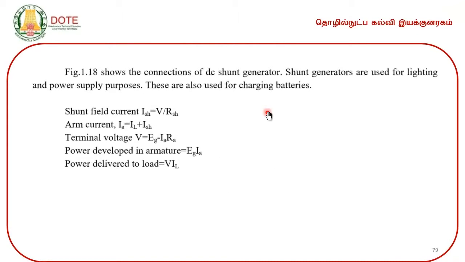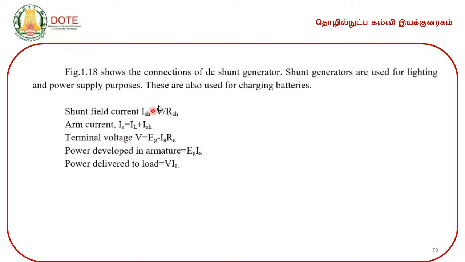Figure 1.18 shows the connections of a DC shunt generator. Shunt generators are used for lighting and power supply purposes. These are also used for charging batteries. The expression for shunt field current is, as the shunt field is connected parallel to the armature, the terminal voltage V divided by RSH will give you the value of ISH, where V is the terminal voltage.